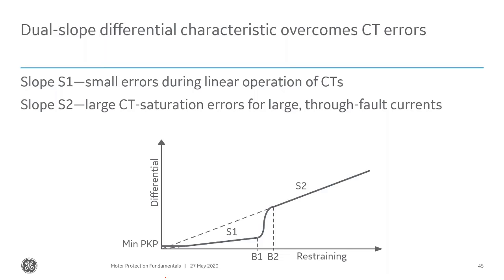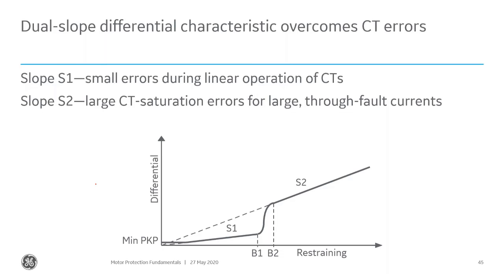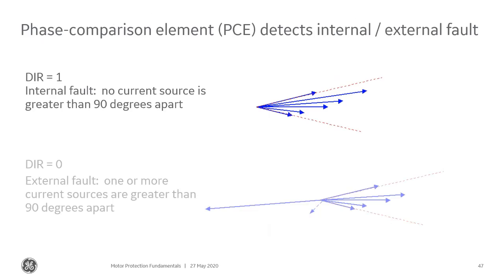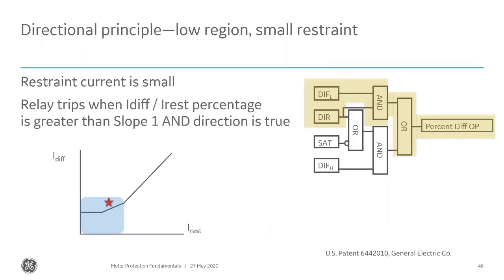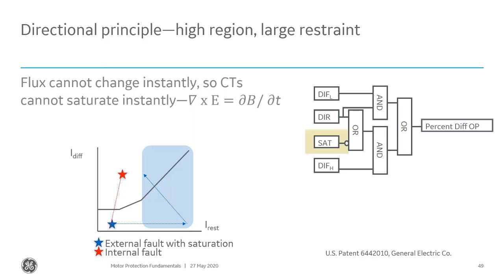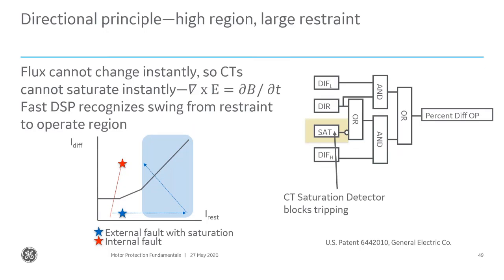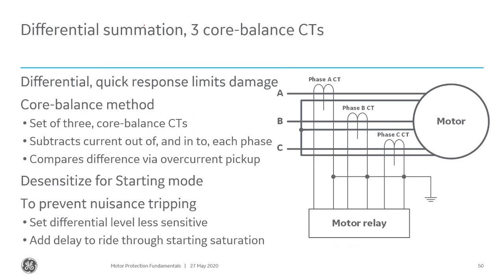Now I'm going to jump through some of these slides here. Bear with me because I have them out of order. But there are two ways to do differential. And this is the better of the two ways.